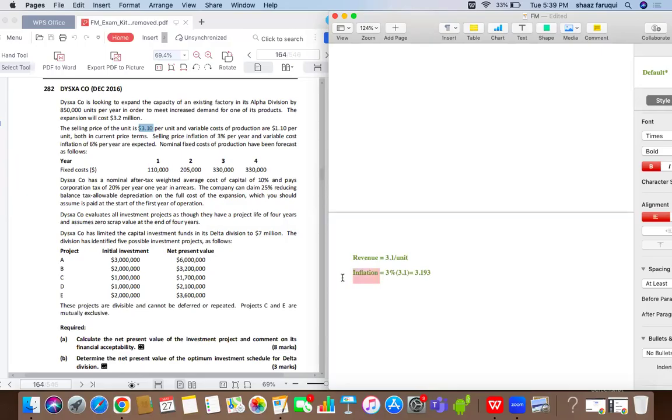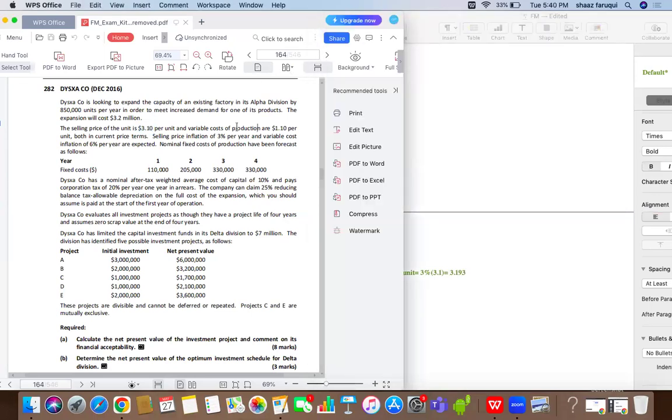So the selling price per unit will be 3.193. As of now, the selling price is 3.1. The number of units that we are planning to sell, again, look at the first line, is looking to expand capacity of an existing factory in its alpha division by 850,000.